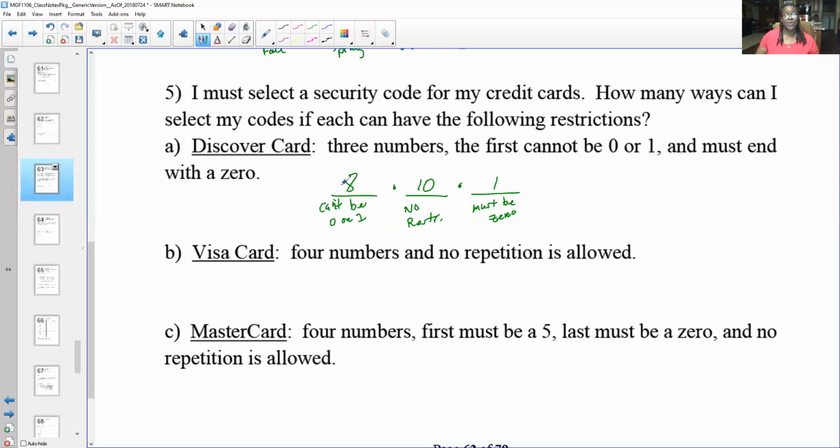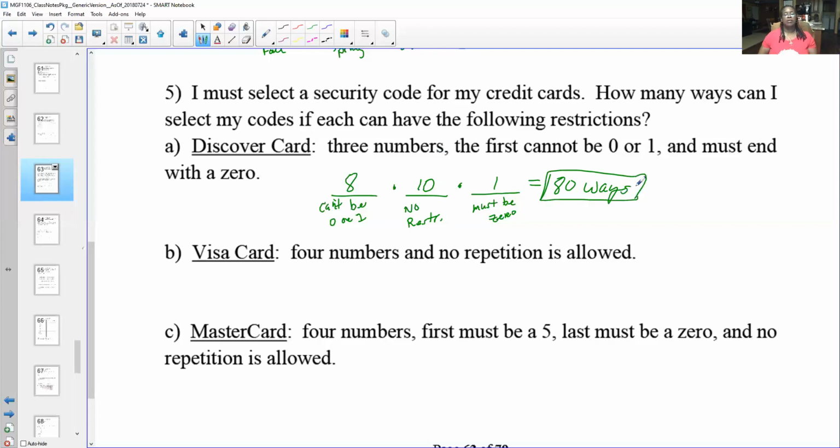All right, so now we can multiply these together and find out how many different codes we can get from these particular parameters. Now thinking about what they're telling you, these parameters are very important. So after we finish reading, then you'll know exactly what's going on. So now we see that we have 80 ways to make this code.